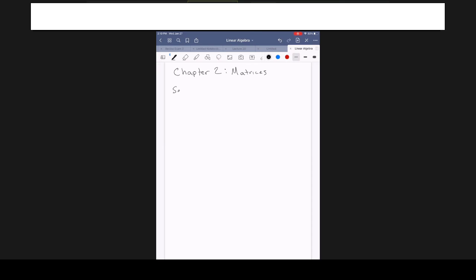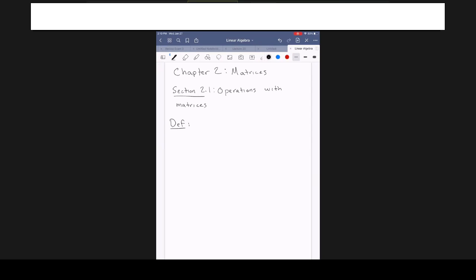So first, section 2.1, which is titled Operations with Matrices. Basically we're going to formally define what it means to multiply matrices, what it means to add matrices, and also what it means to have linear combinations, and use these to, again, express things like systems of equations.